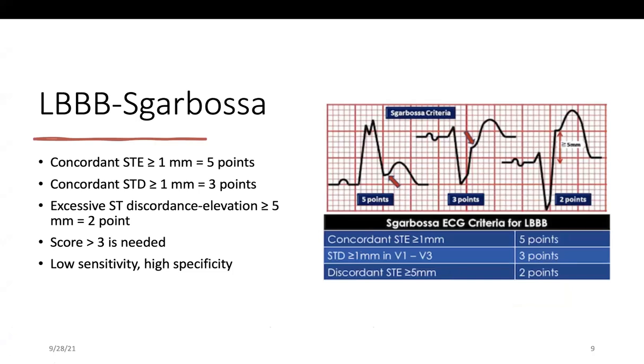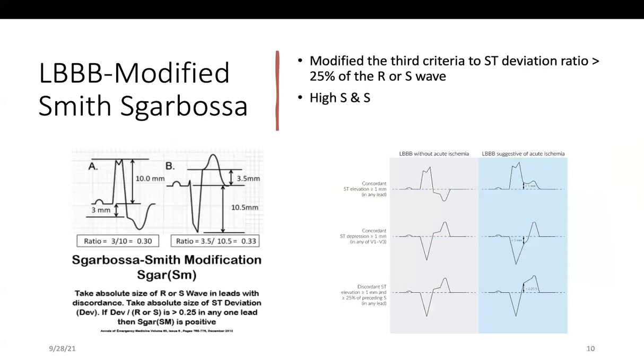Again, for left bundle branch block, we discussed the Sgarbossa criteria, and you look for ST deviation more than 5 millimeters, and you need a score more than 5 to diagnose MI in these patients.